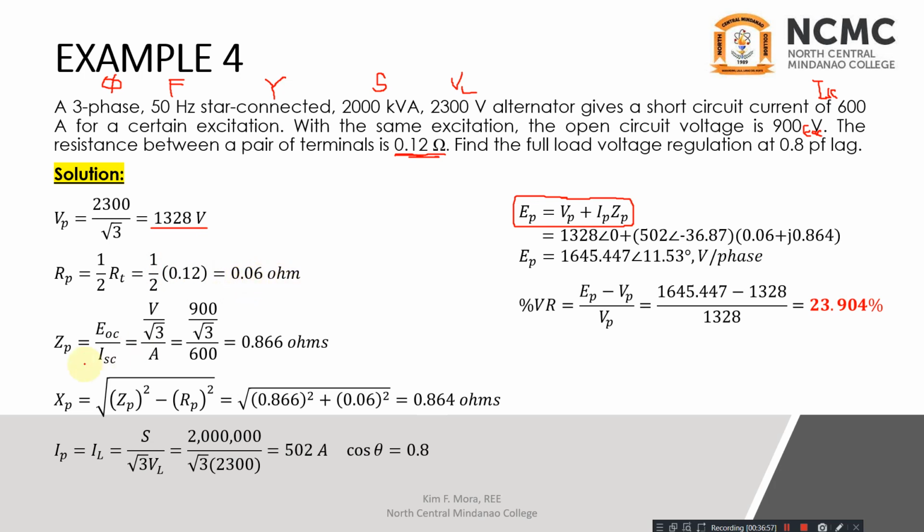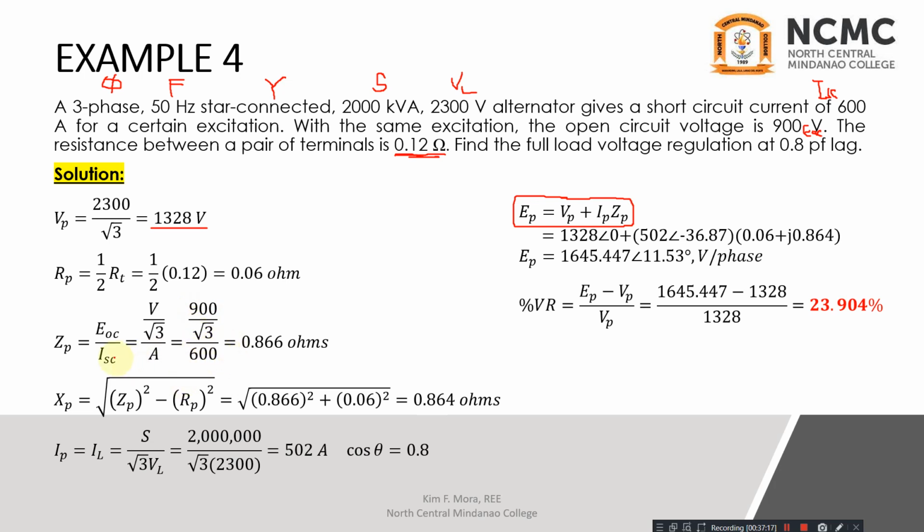Then for our ZP, we are given EOC and ISC. Since this is Y connected, we divide the voltage by square root of 3. So that's why we have 900 divided by square root of 3.